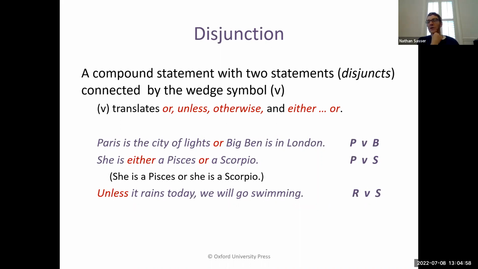Or look at this third one. Here we've got the word unless. And this time it doesn't come between two simple statements. It comes before two of them. We've got, unless it rains today, we will go swimming. So what are the two simple statements? Well, the first one is it's going to rain today. The second one is we will go swimming. But the unless comes before both of them.